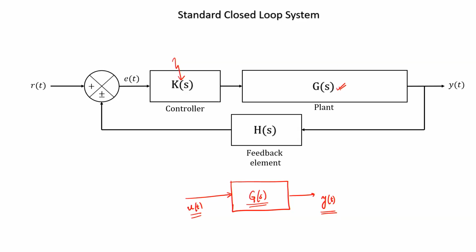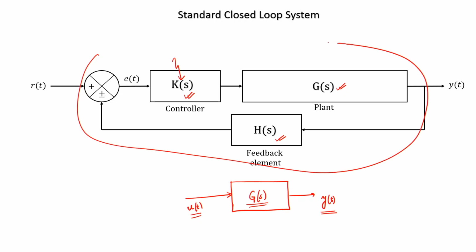For each system we know how they behave or what the relation is. Using this mathematical modeling, we can convert this into transfer functions. The plant is a transfer function now, the feedback element is a transfer function now, and the controller K(s) is the transfer function that you have to find so that the system behaves as you want it to behave. This is the basic setup.